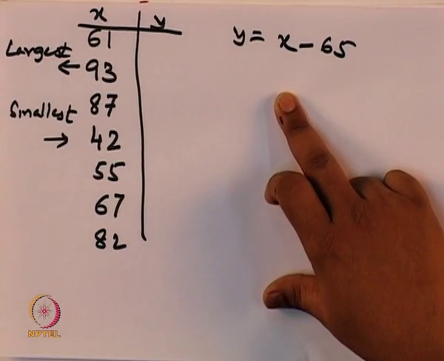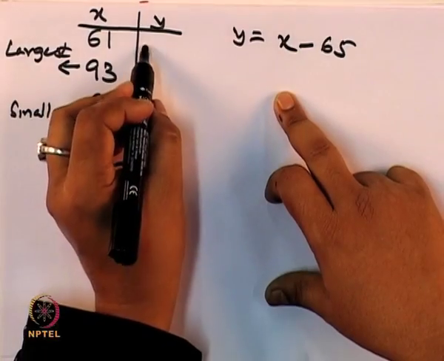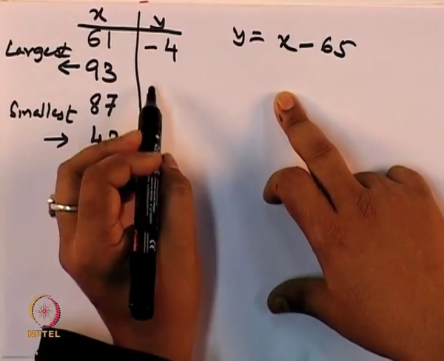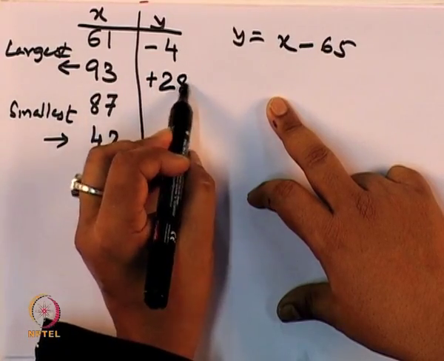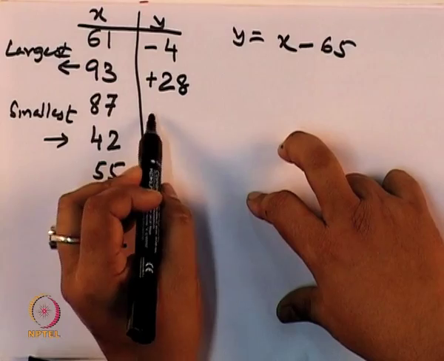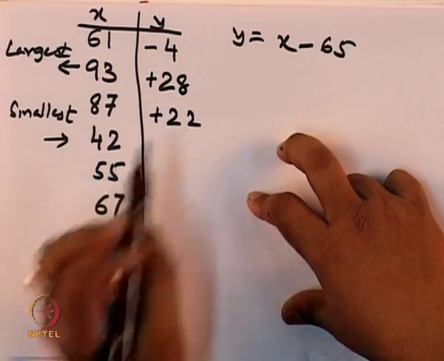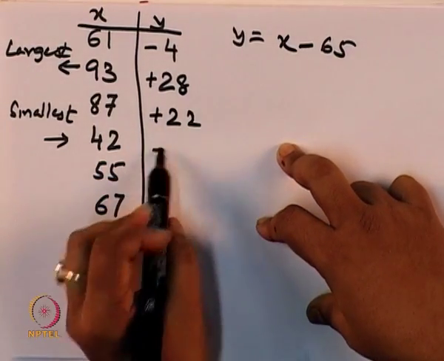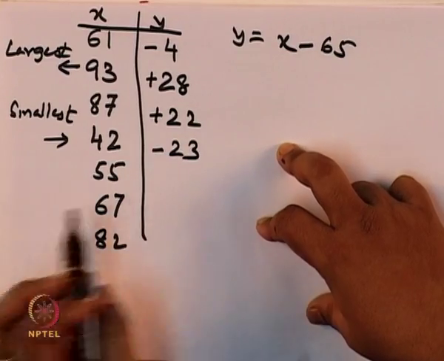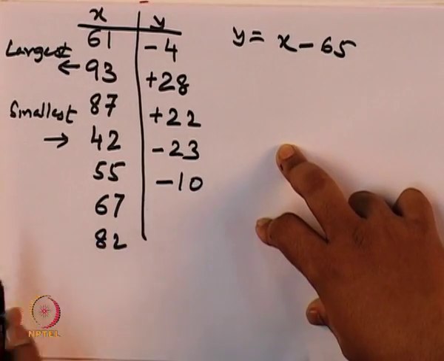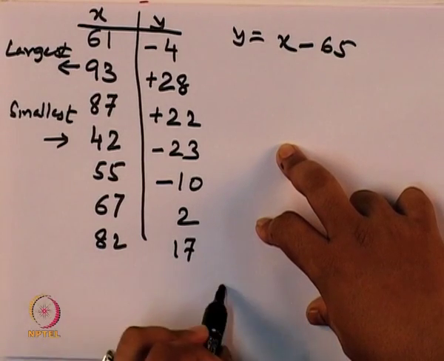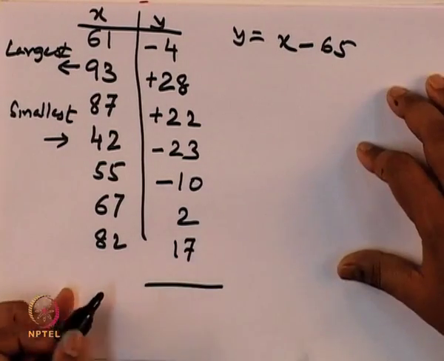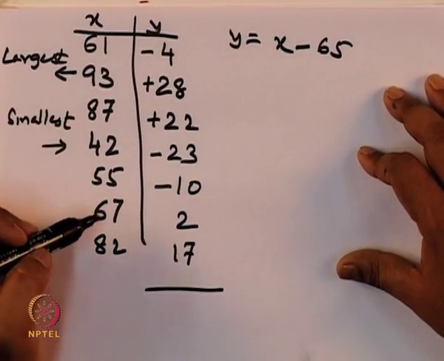If I define y is x minus 65, then this guy becomes minus 4, this guy becomes plus 28, this becomes plus 22, this becomes minus 23, 55 means minus 10, 67 means 2, 82 means 17. Okay. So, I can add these numbers up, this is much more reasonable than adding much bigger numbers.